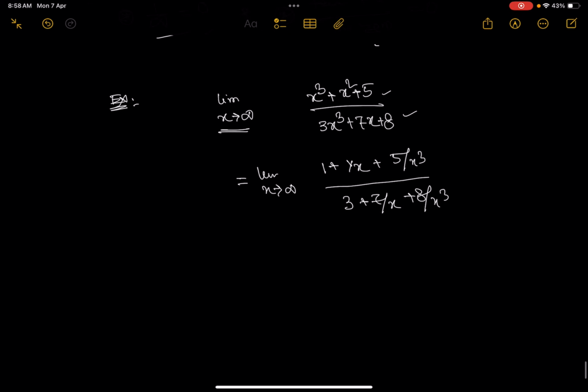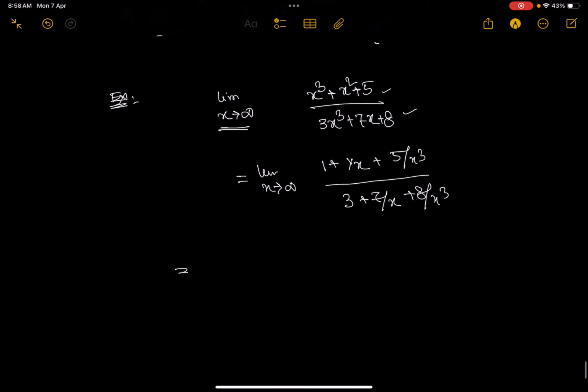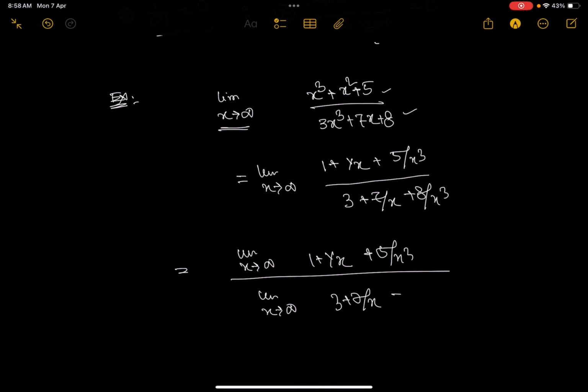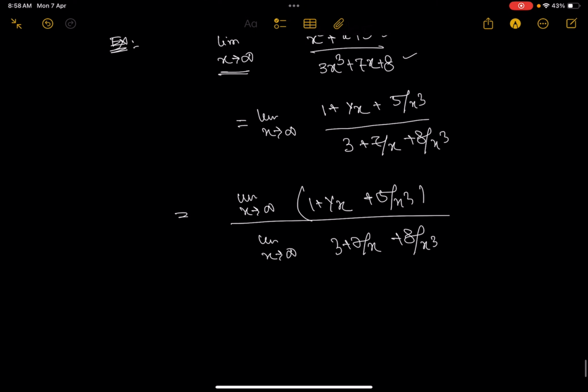By limit property we divide the limits, and also you can break this out by the additive property.